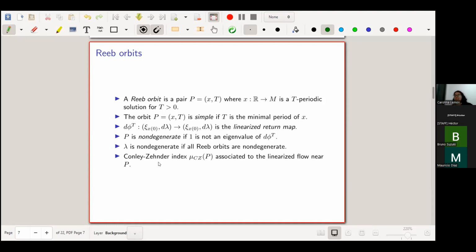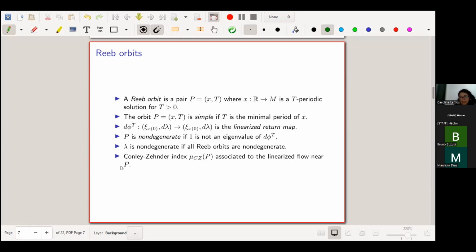And associated to a non-degenerate orbit, we have an index called the Conley-Zehnder index that is defined by this linearized flow near this orbit.